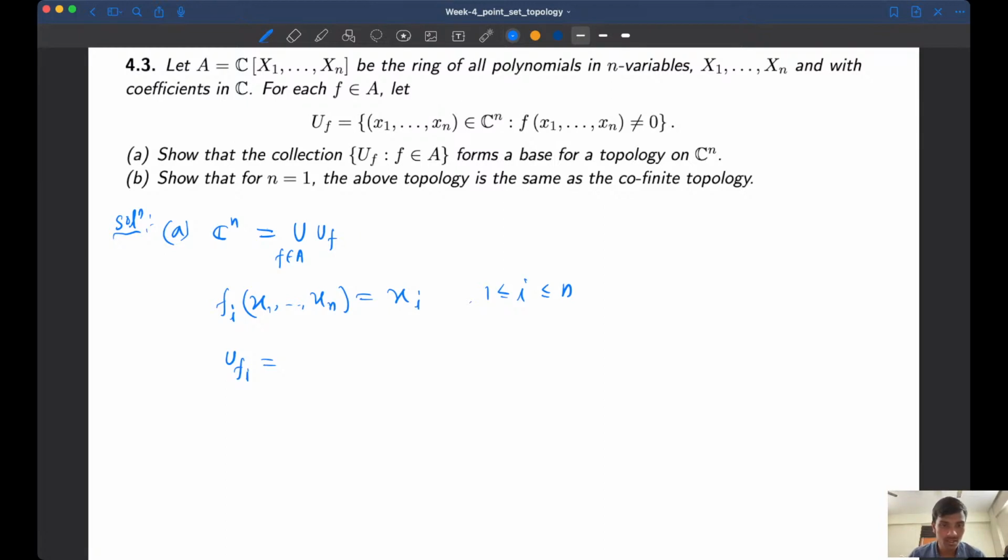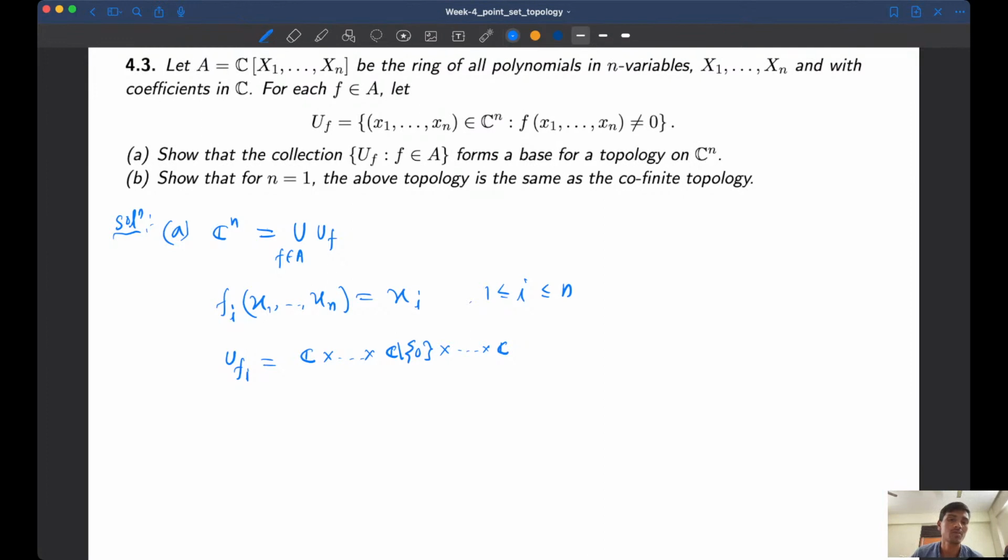It is basically C × C × ... × C, except at the ith position you have C minus 0, and the remaining are all C. Is this clear? Because the only zero occurs if the xi coordinate is 0.